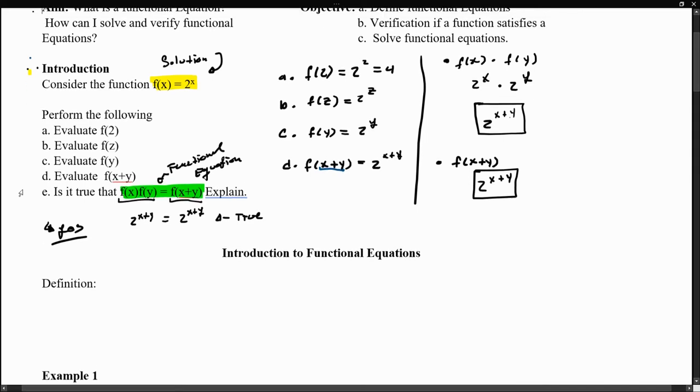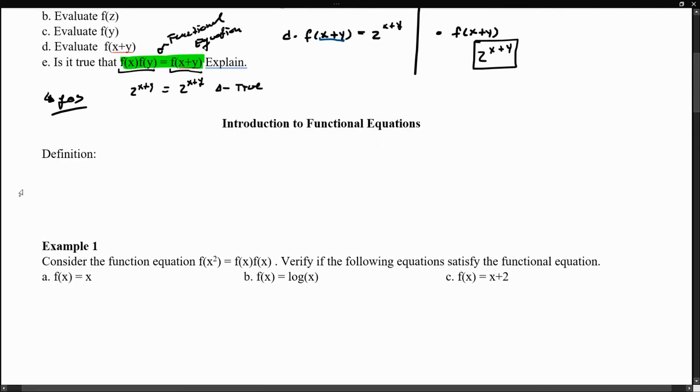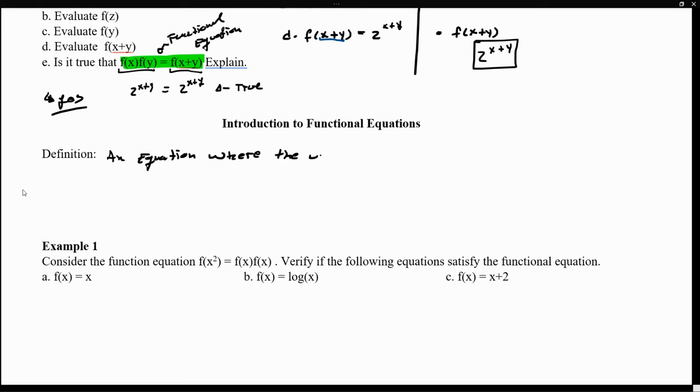But let's just define it, and let's take a look at a couple more examples. So again, the definition of a functional equation: it is an equation where the unknown is a function, aka the solution is a function.